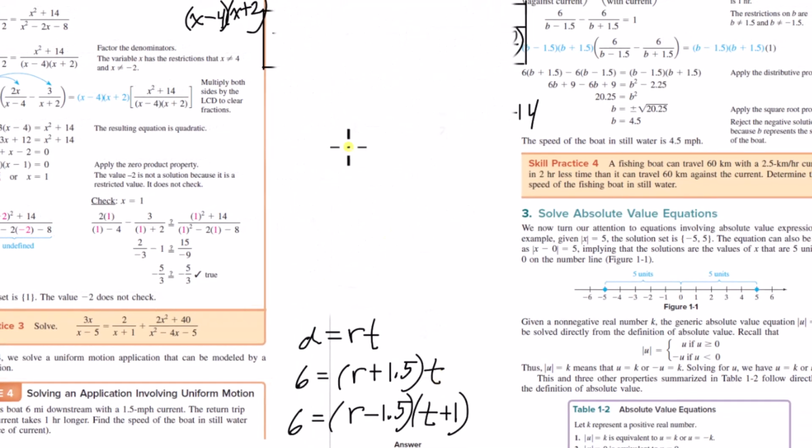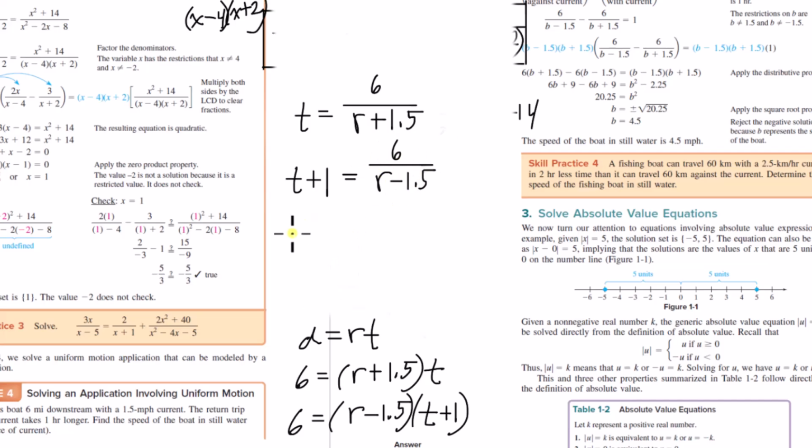Let's solve for t in this first equation here. So r plus 1.5 in the denominator, then 6 in the numerator. Now let's solve for this t plus 1 here. We've got r minus 1.5. But now we can solve this for t as well.